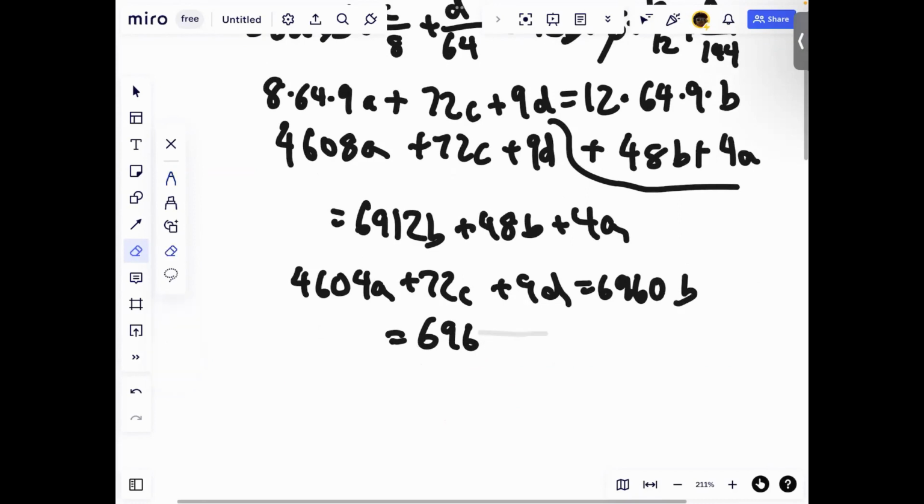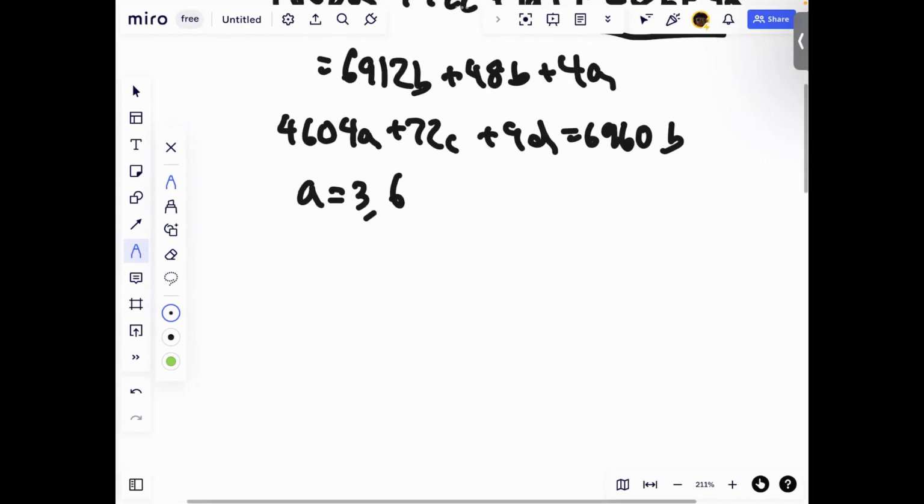In order to solve this, if we do mod 3, then A must be a multiple of 3, since the other terms are all multiples of 3 except for 4604. So A has to be 3 or 6.